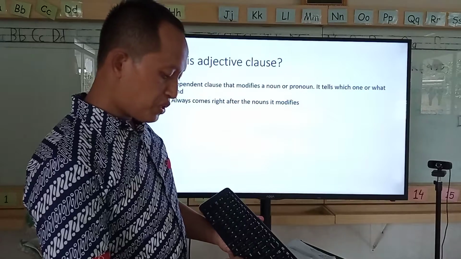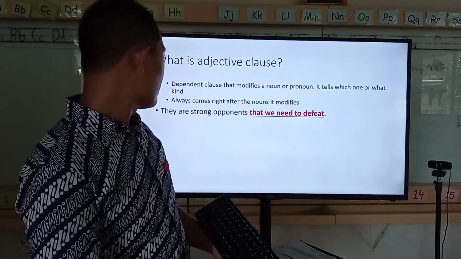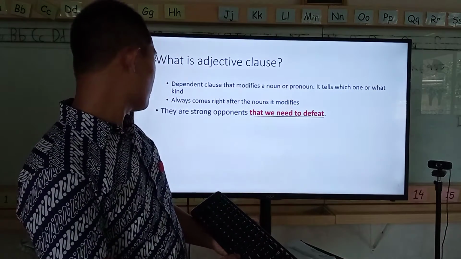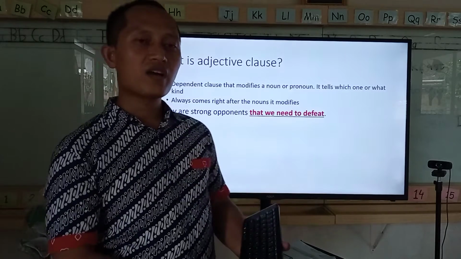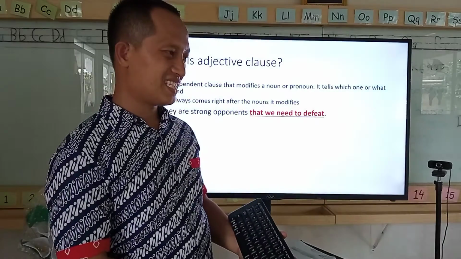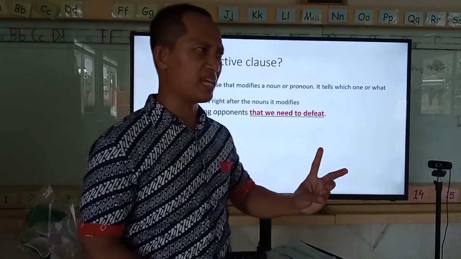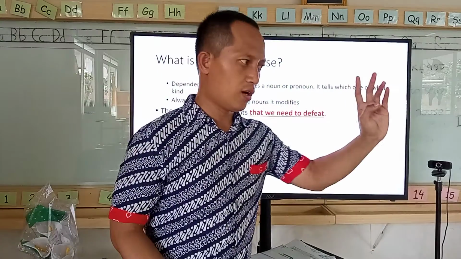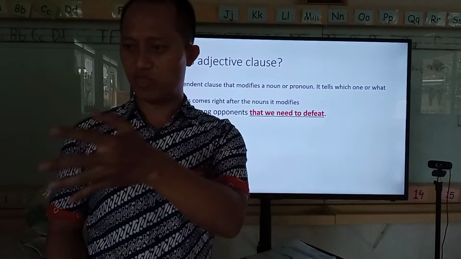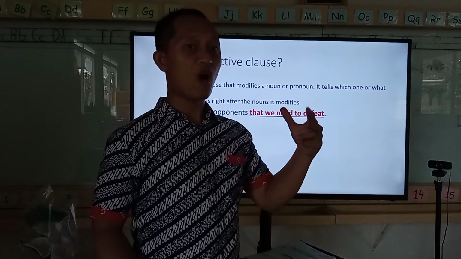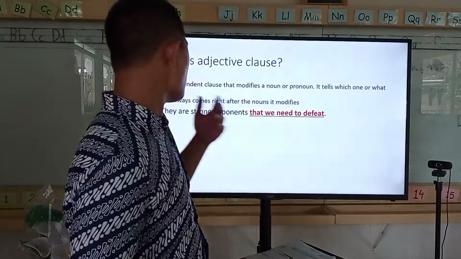Now I'm going to give you this example. For example, they are strong opponents. If we want to know which opponents, because there could be this group, those group, these ones as the opponents, so which one is the strong opponent?